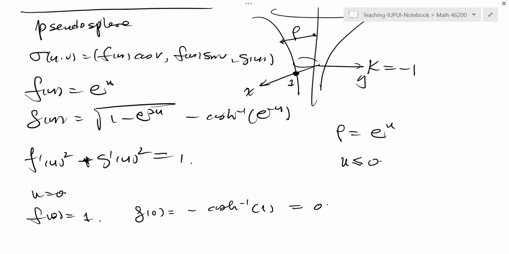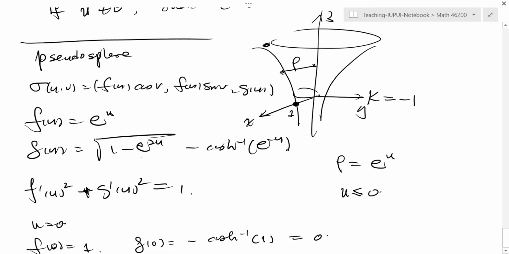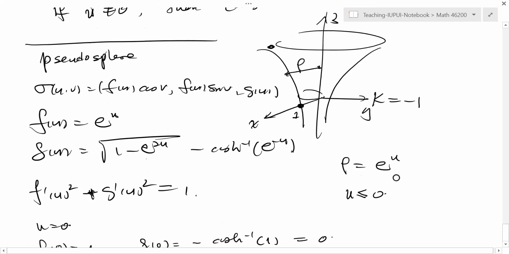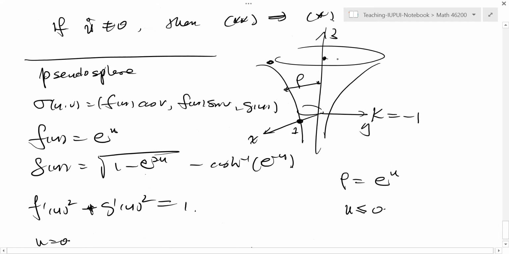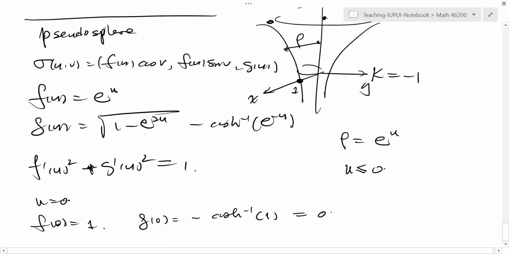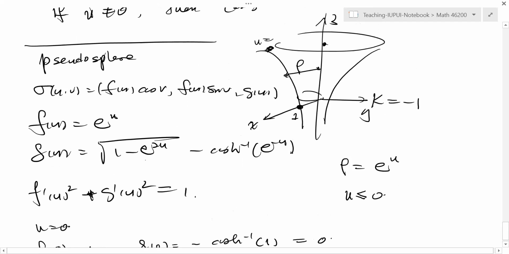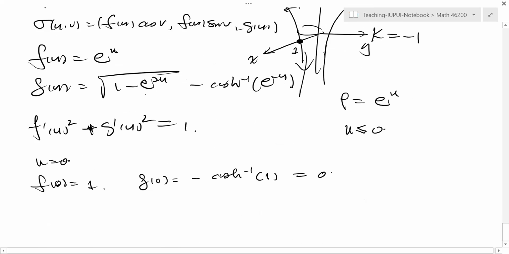So the curve starts from here somewhere in space, at the origin where z equals 0. That's the starting point. u equals 0, and it goes to negative infinity in that direction.